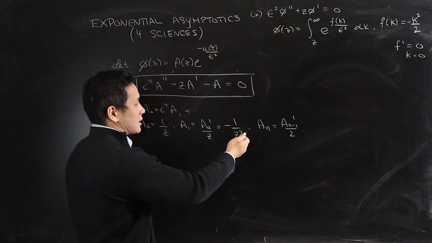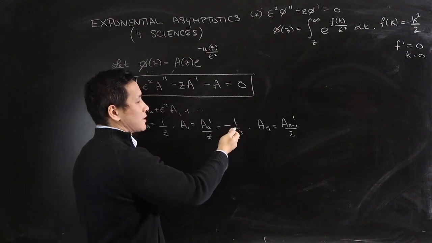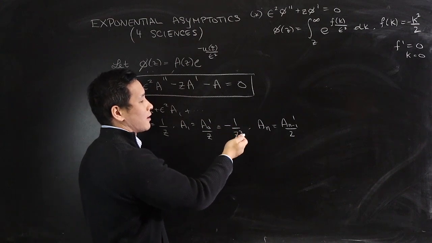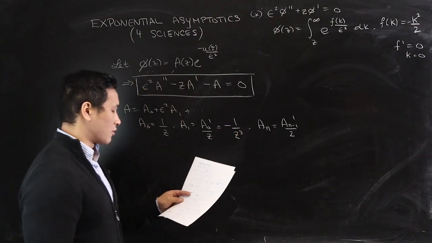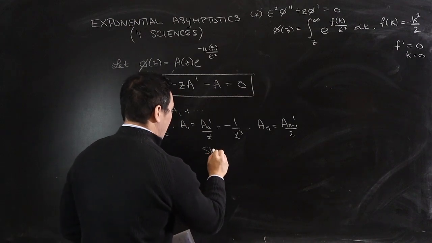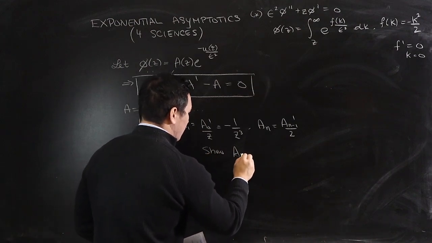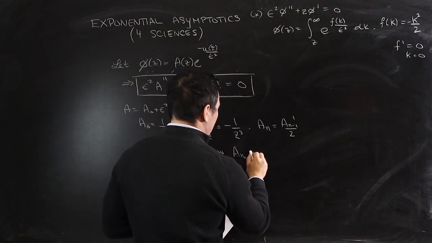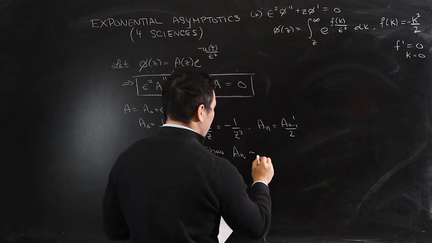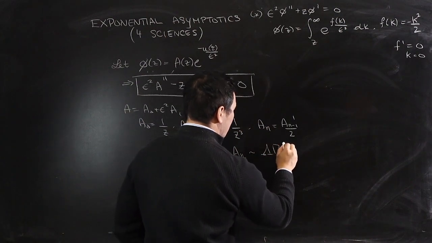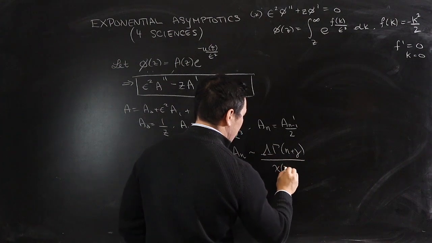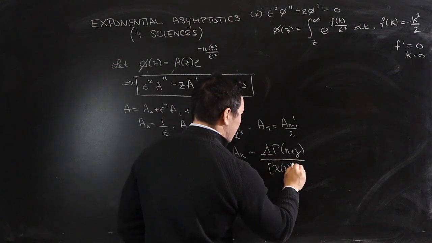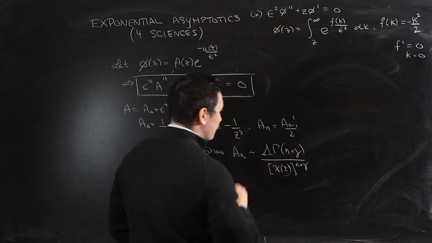You're going to always end up with some kind of factorial expression on the top, and then a power expression on the bottom. And in particular, you can show that an, in the limit that n goes to infinity, is going to diverge in the form that we have started to get accustomed to, which is what's called a factorial over power expression.